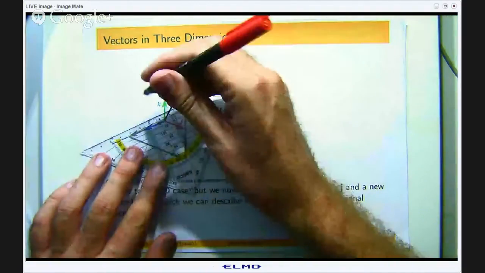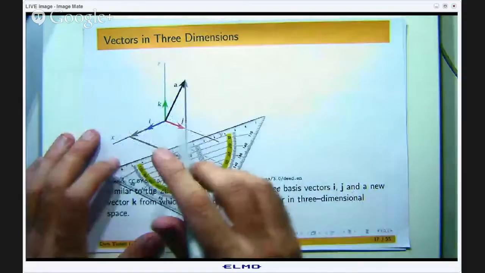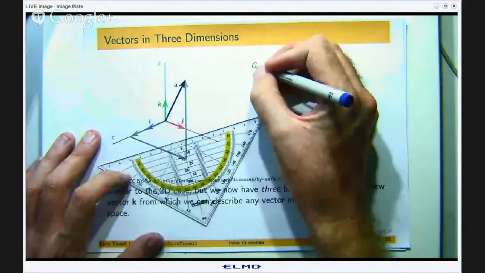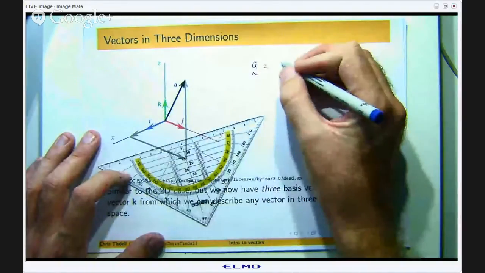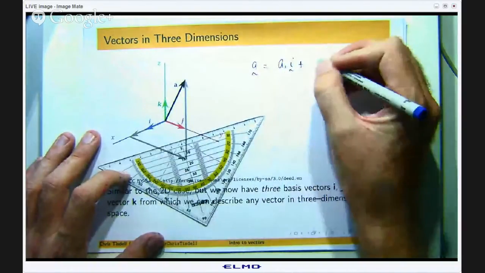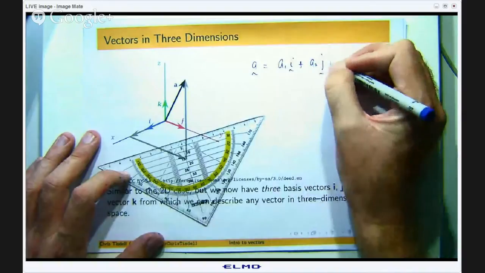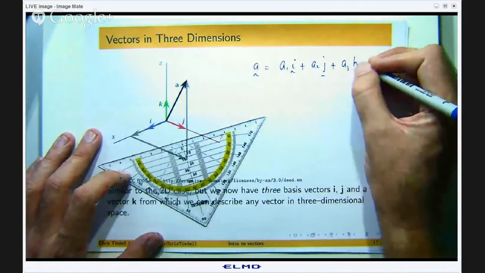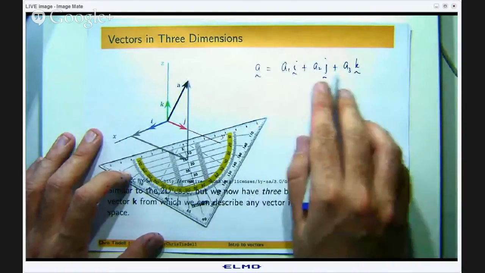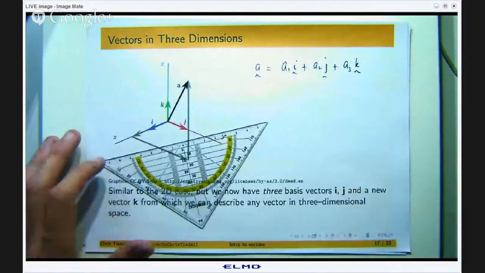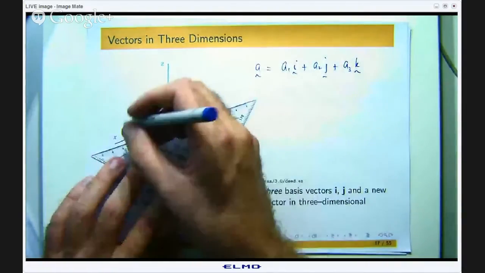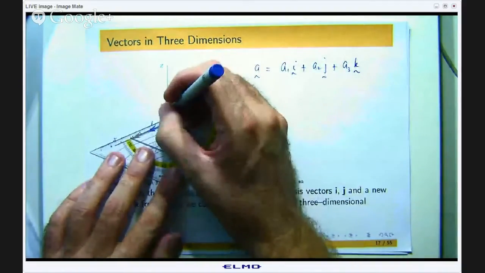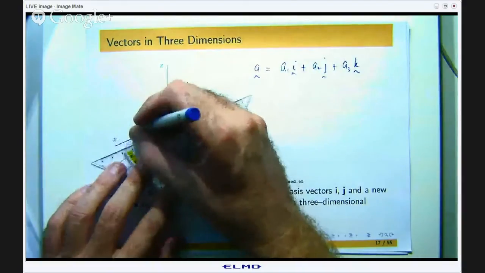So you see here, if my vector A is A1 i plus A2 j plus A3 k, where A1, A2, and A3 are all numbers, then out here, you could draw this vector here.